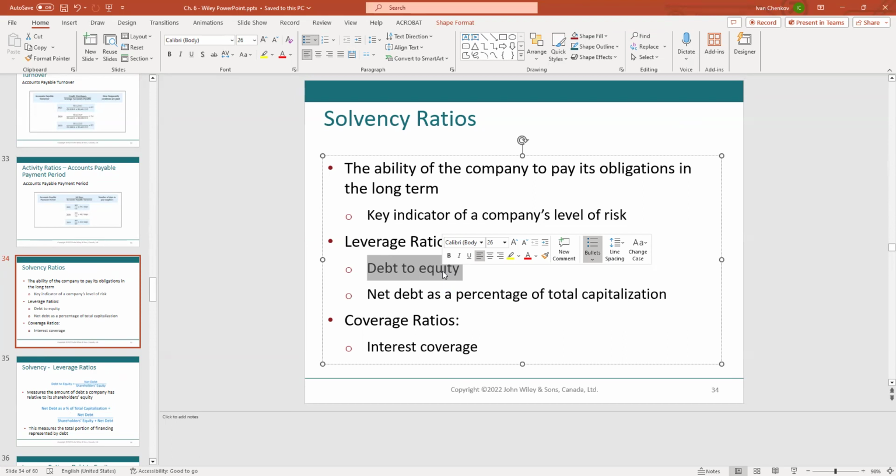So the debt to equity is going to tell you how you actually finance your capital, whether most heavily on debt or heavily on equity. And then you're going to get net debt as a percentage of the total capitalization. Total capitalization will be your assets, and interest coverage.